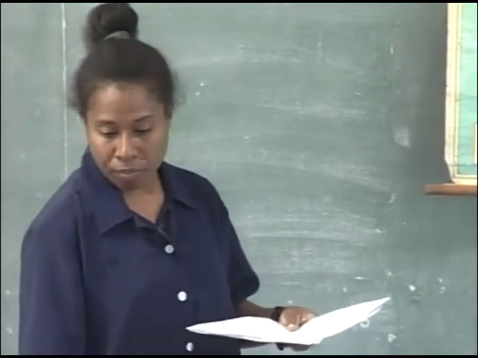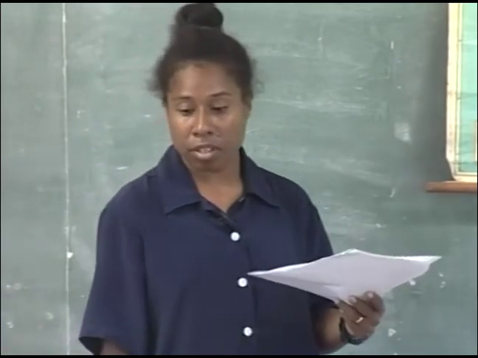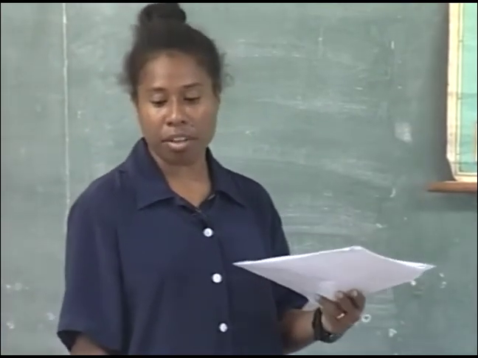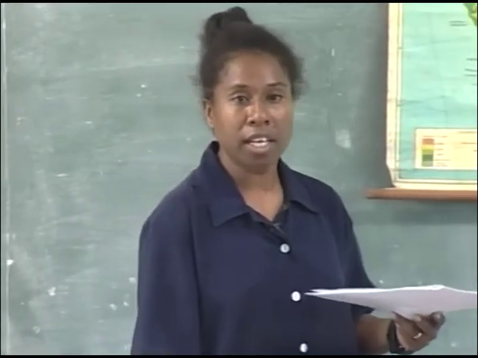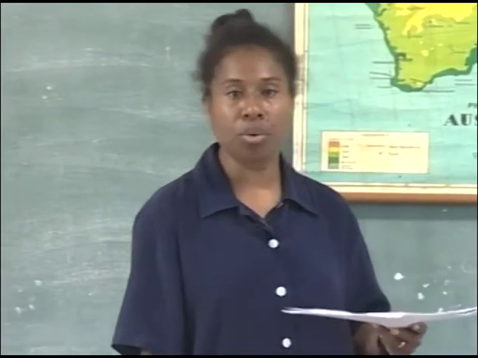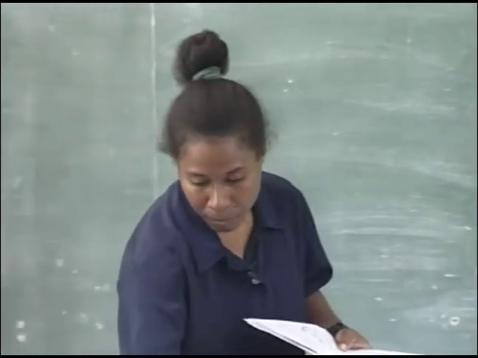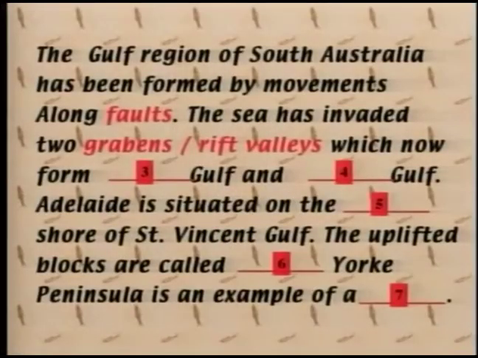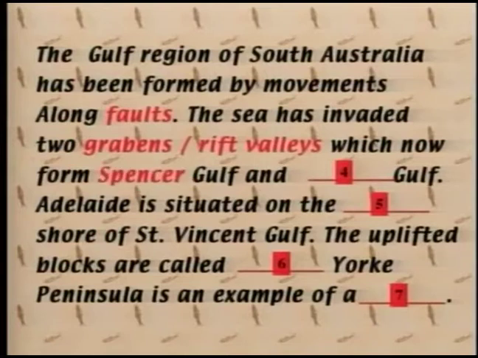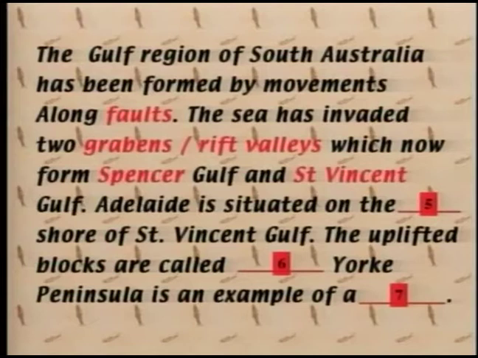Okay, we move on. Adelaide is situated on the blank. Southeast. Southeast is correct, or if you had east, you can also give yourself a tick. Okay, going back, to number 2, we have grabens or rift valleys or down-faulted area. Number 3, Spencer Gulf. And number 4, St. Vincent Gulf.